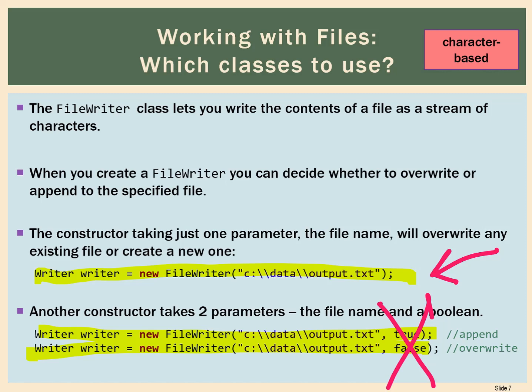Declare a constant of type Boolean and call the constant APPEND_MODE. Set that to be equal to true. Make another constant called OVERWRITE_MODE. Set that constant to be false. And then those constants can be used in this constructor instead of the actual Boolean values. In this way, it's great because our code becomes self-documenting.